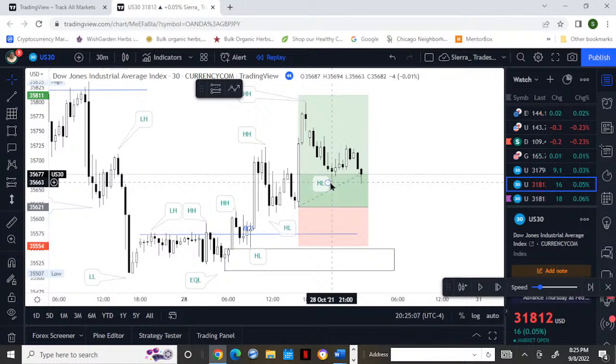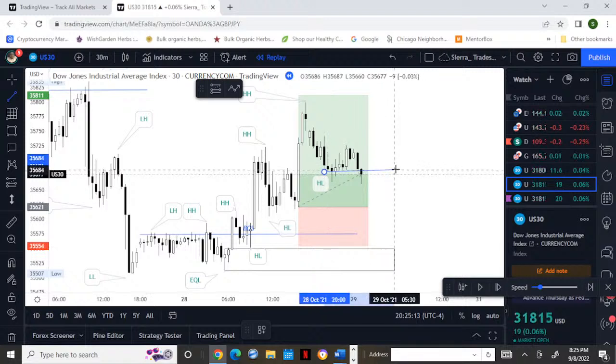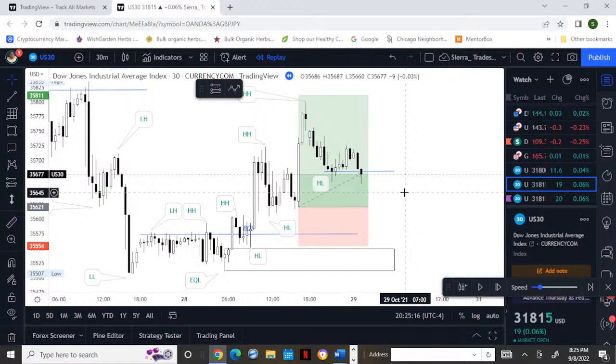So this was our last higher low, and this would technically be a structure break if structure breaks.